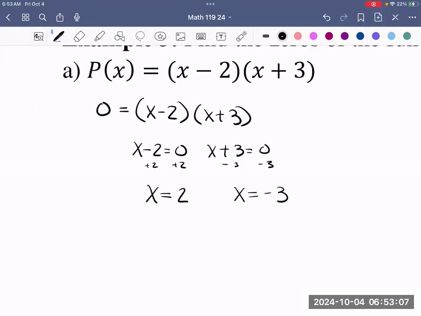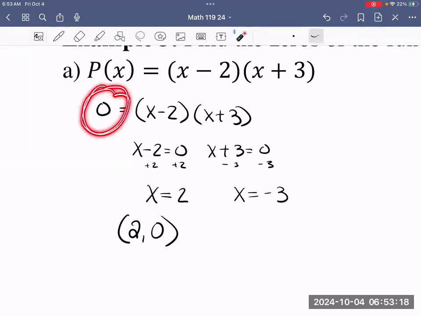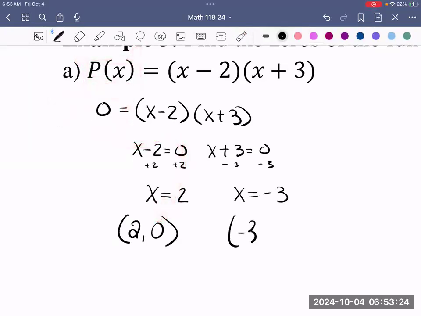But we said, hey, these x values, they are zeros. They are your x-intercepts. So as a coordinate, we have (2, 0). Always 0, because this is set equal to 0. This is your y. P of x is just another way to say y. And same thing here, (-3, 0). This is another x-intercept.